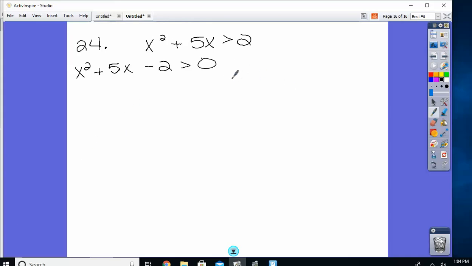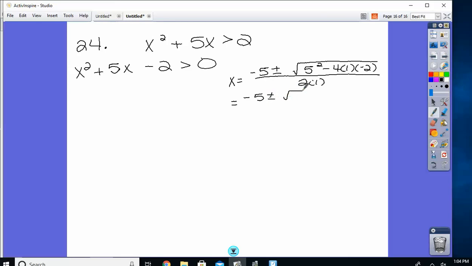So, opposite of b plus or minus the square root of b squared minus 4ac all over 2a. So that's 25 plus 8.